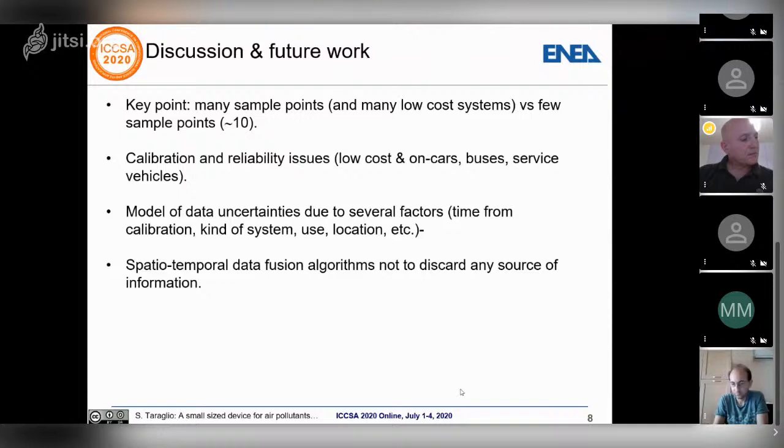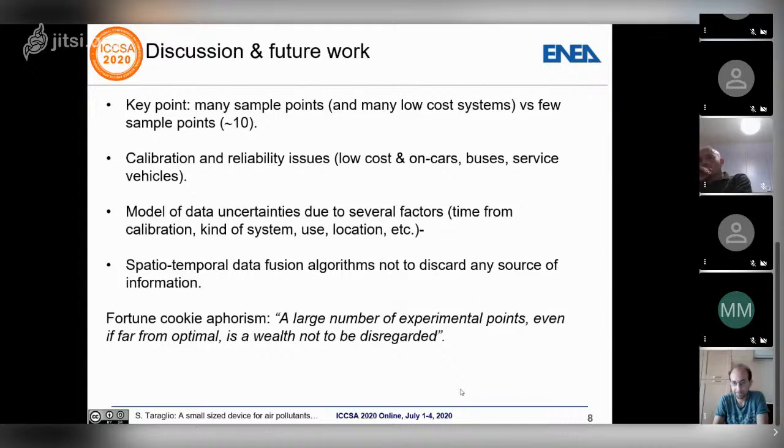For this reason, in the next developments, we will work on the data modeling in order to take into account those uncertainties, and also other factors, for instance, related to the airflow, because the acquisition is performed by means of a vehicle moving on the road with a specific typical speed. And the other issue is related to the spatio-temporal data fusion algorithms, for which we will study a proper and more effective solution in order to improve the results.